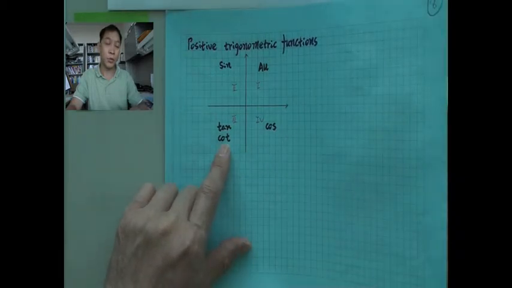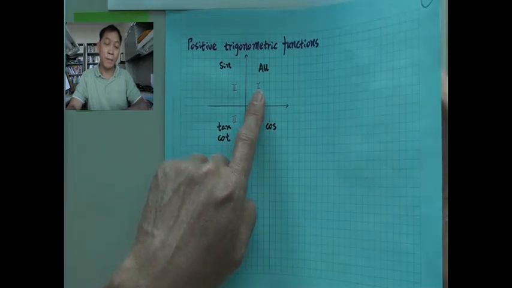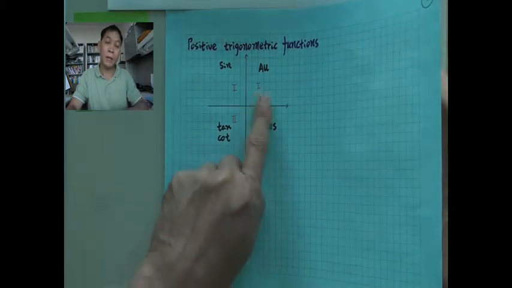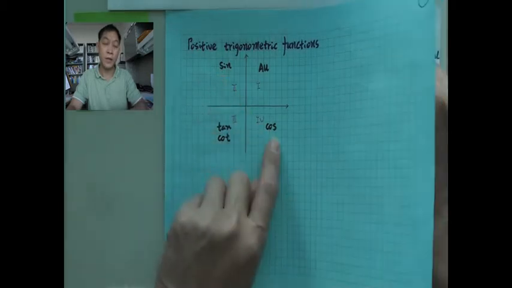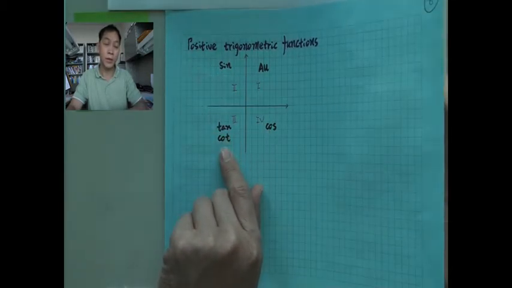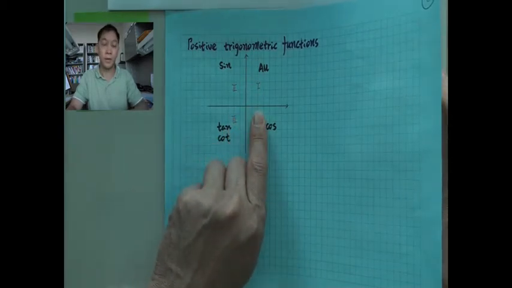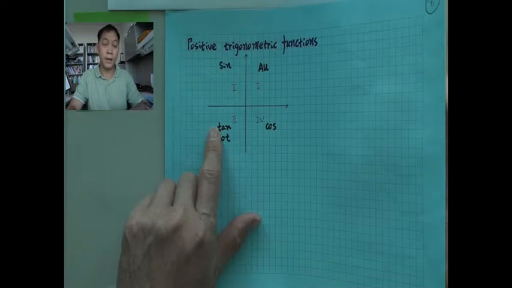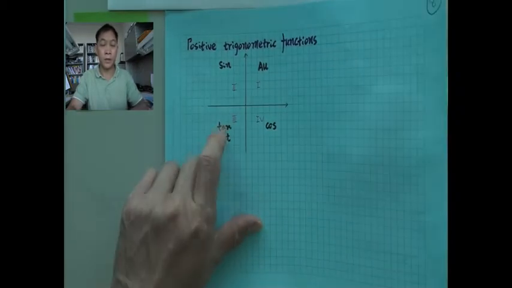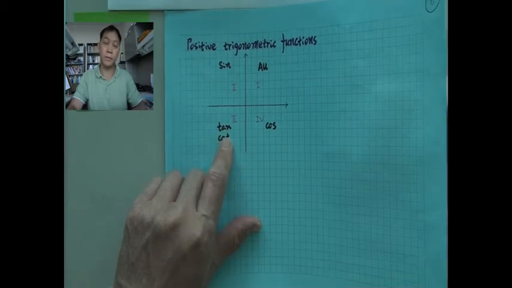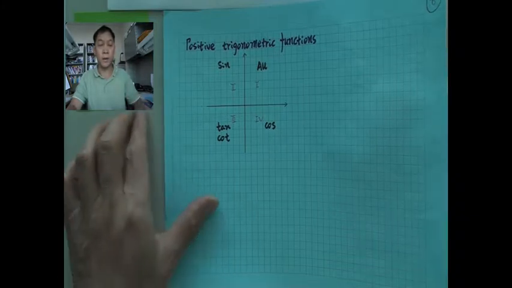Because cotangent is just the reciprocal of tangent. In quadrant 1, x, y are positive. So r is also positive. So sine, cosine, tangent, cotangent in quadrant 1, all are positive. Okay? And then here in quadrant 3, those two are positive. Sine, cosine here will be negative. Okay? Yeah. All right.